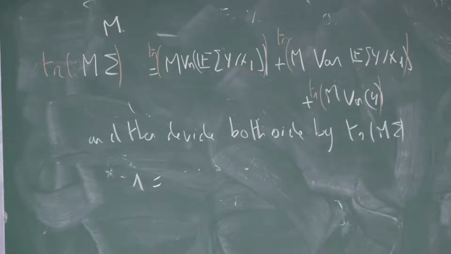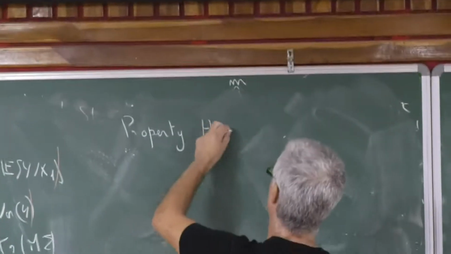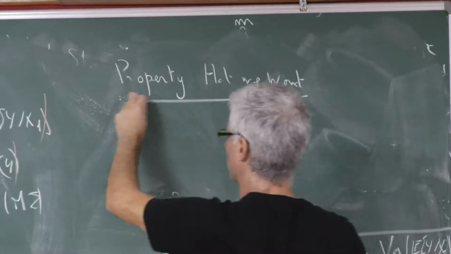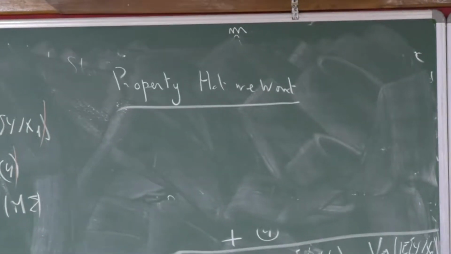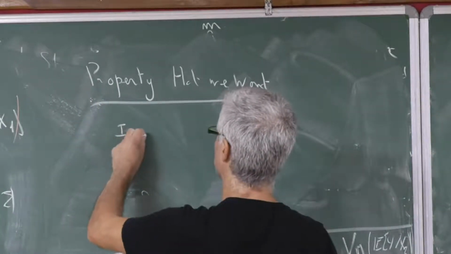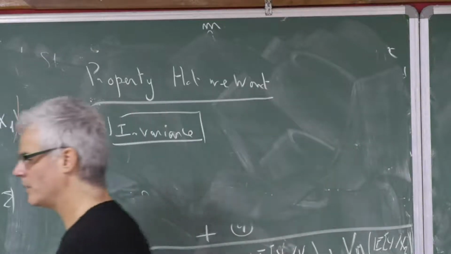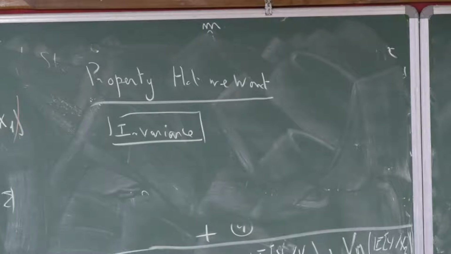The first important property that we want is a property of invariance with respect to the change of the basis of the output space.